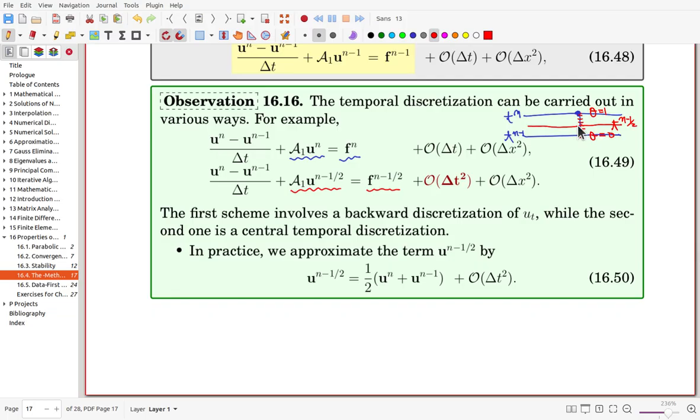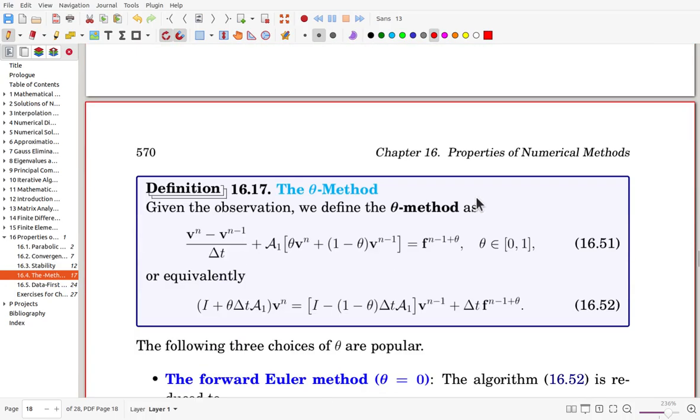The value is not really available during the computation, so we make a linear interpolation between this value and that value for any level. For any theta, we use the linear interpolation between here and there, so in a sense a weighted average depending on theta. That's exactly this term. So that is the theta method.